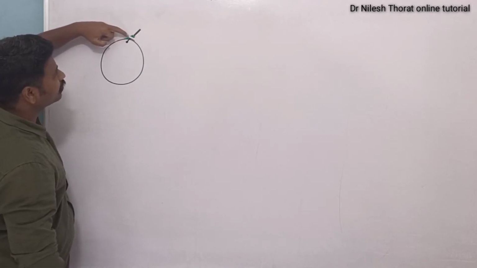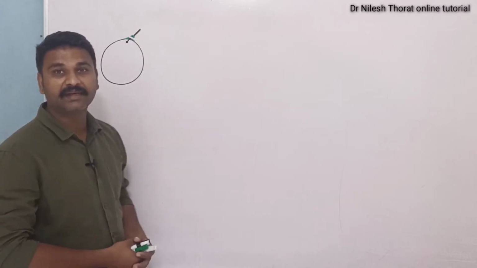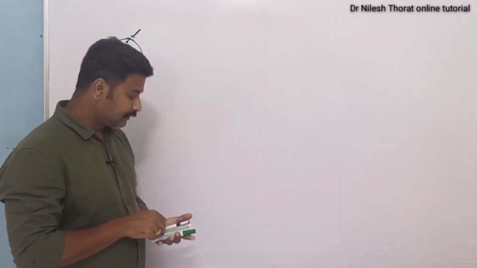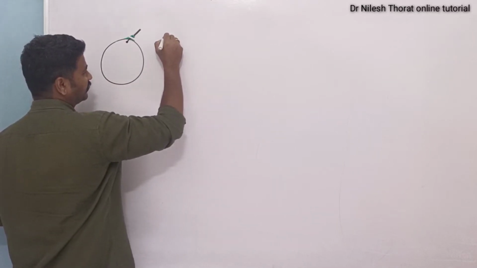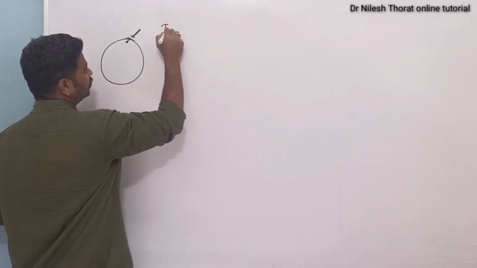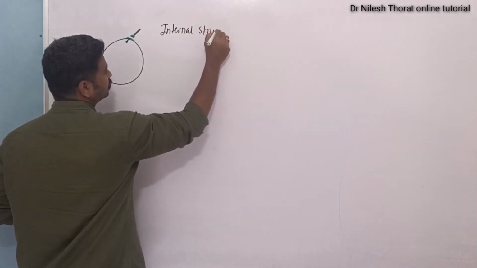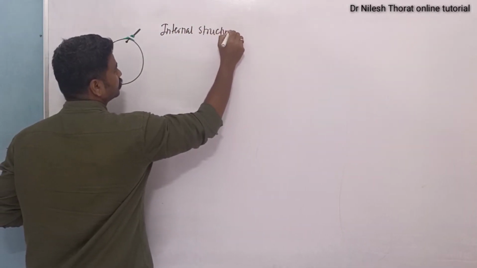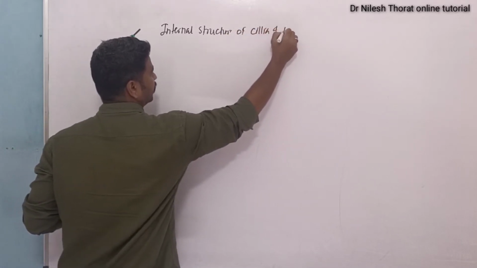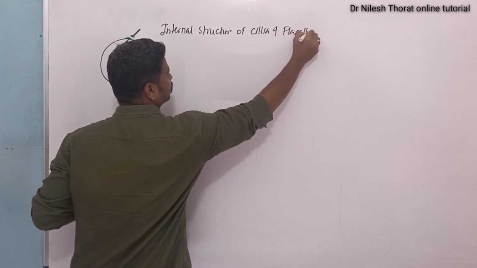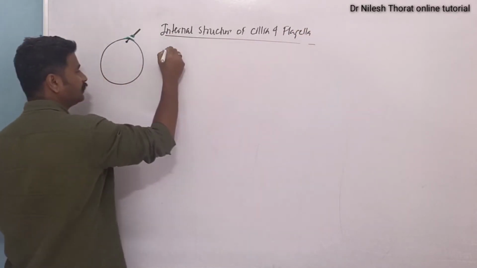So if we take a cross section at this particular point, then internally we can visualize two parts. Number one, we can visualize a peripheral cell membrane. So in the internal structure of cilia and flagella, we can visualize two parts.